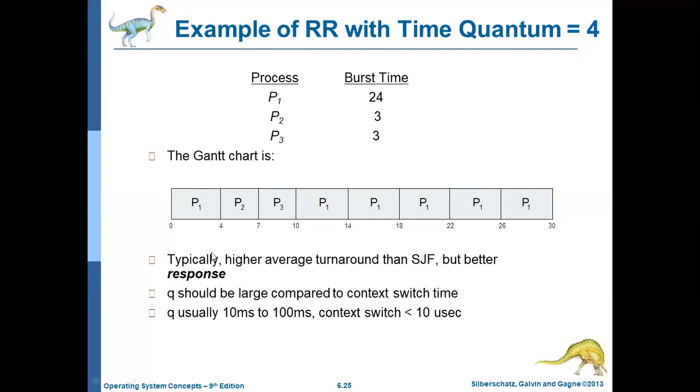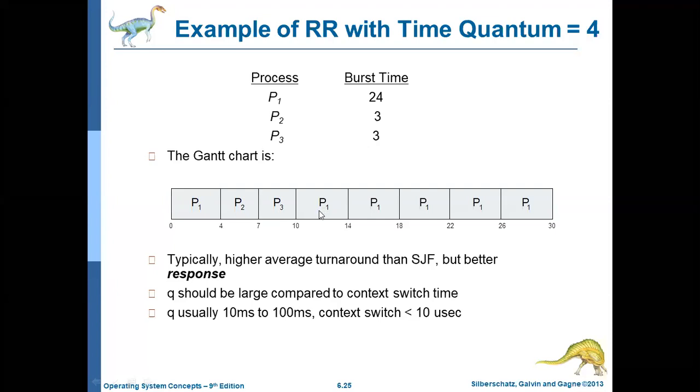Once again, I am repeating the same Gantt chart. At 0 seconds, P1 enters the ready queue. The first 4 units of the time quantum are allocated to the first entered process, and P1 gets executed. Then P2 enters the queue. If its time is less than or equal to the time quantum, it will complete its execution.